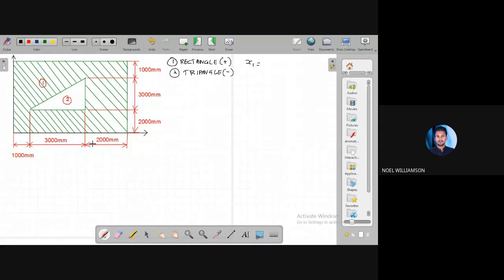Total length is 6000, so 3000 mm, and y1 also 3000 mm, and area 6000 into 6000, that is 36 and 6 zeros.